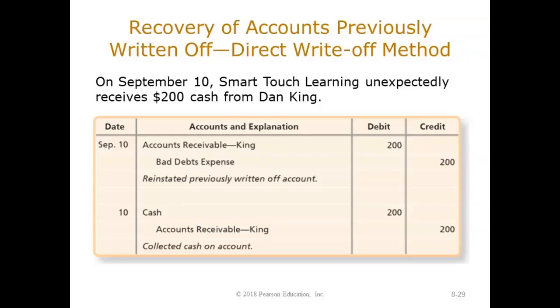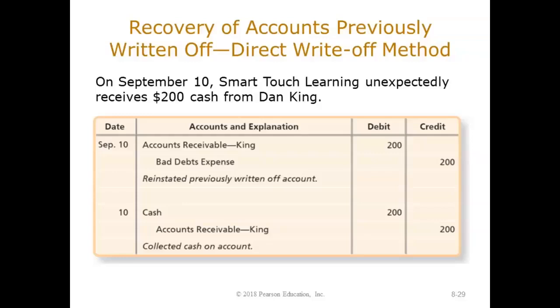Now, what happens if the account that was directly written off, the cash comes in? Surprise, on September 10th, Smart Touch unexpectedly received $200 in cash. Now, let me tell you, gang, from a professional perspective, when that happens, that's a nice feeling. So Smart Touch is going to have to reinstate that account. They're going to have to make a debit to the accounts receivable King of $200 and credit the bad debt expense of $200 to reinstate that account.